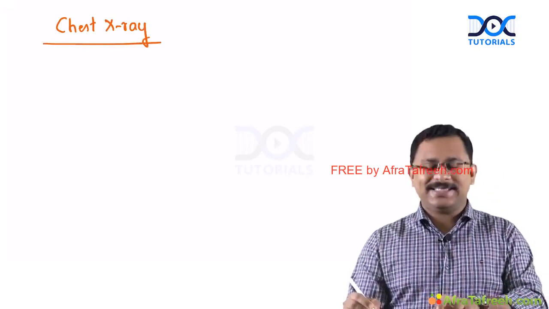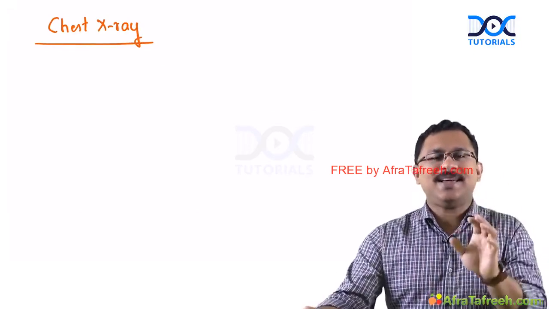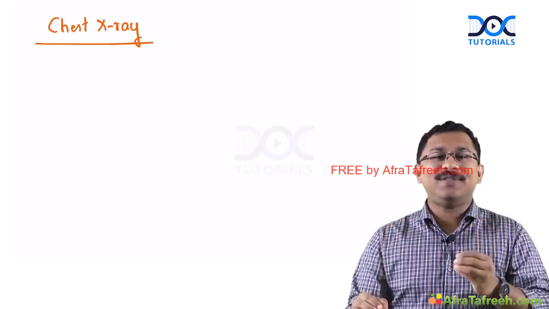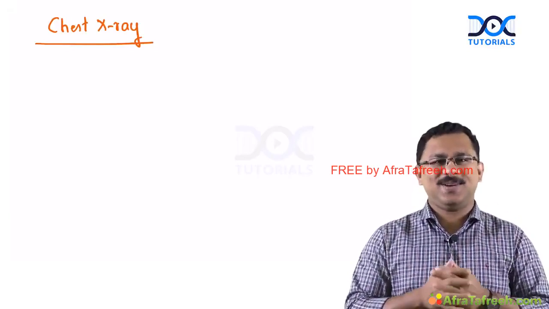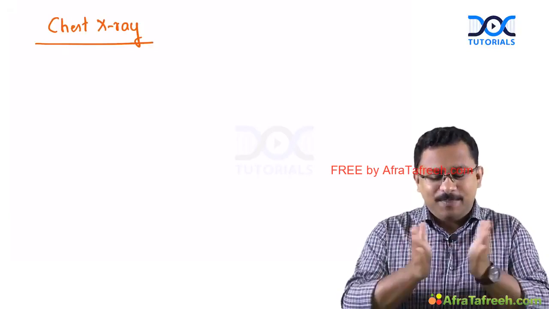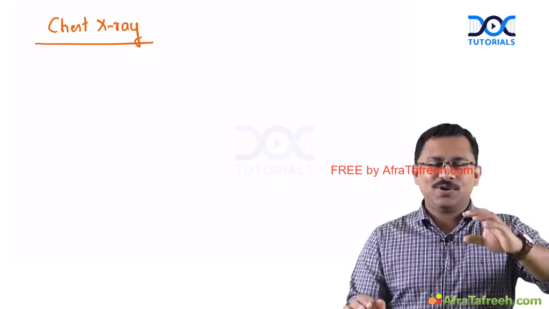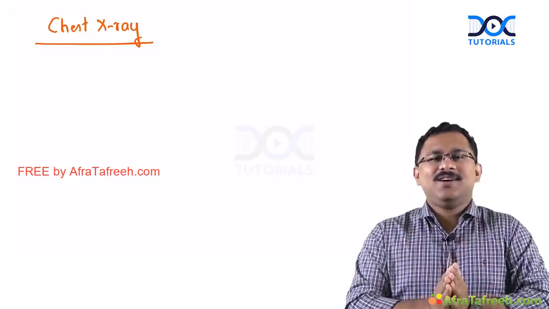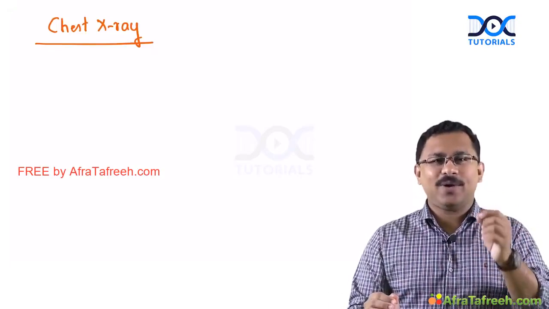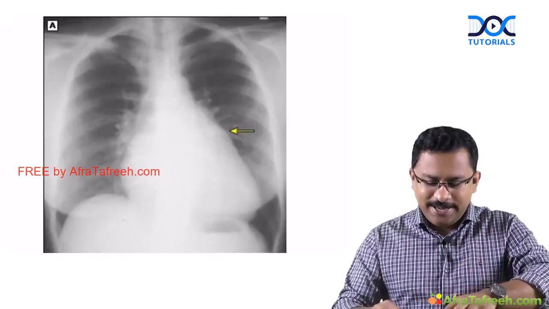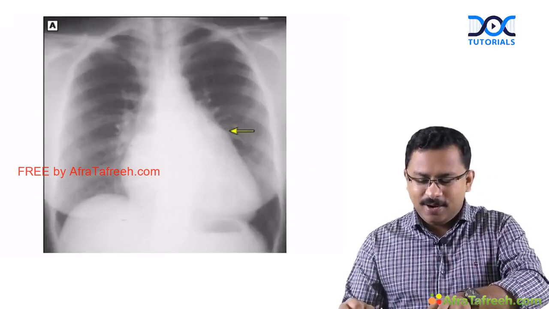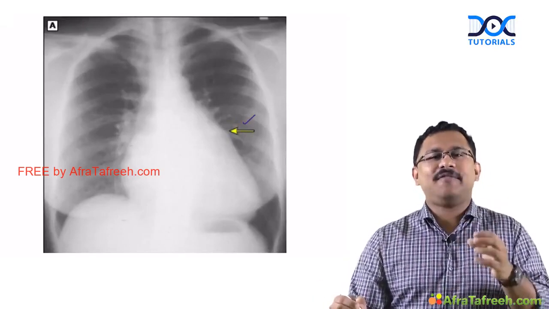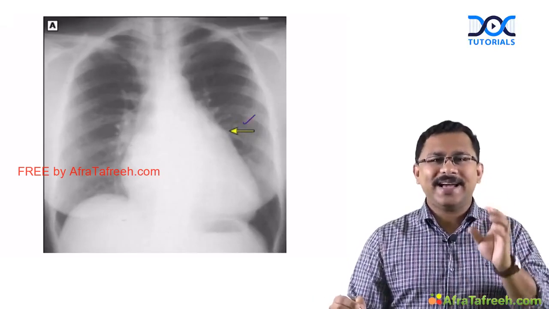So coming to the chest X-ray findings, the radiological findings in case of mitral stenosis are indirectly an indicator of the severity of mitral stenosis. As an early finding, early in the disease course, one of the important radiological findings that you can note, as shown by the arrow here, is a straightening of the upper left border of the cardiac silhouette.